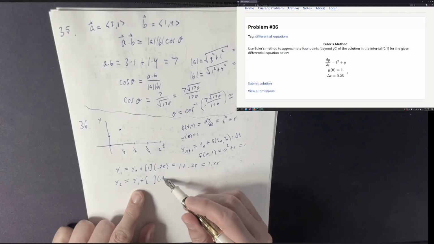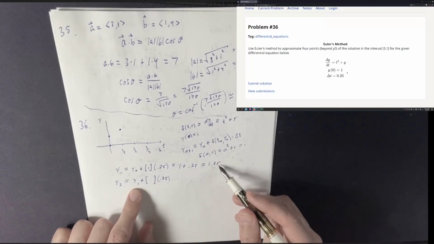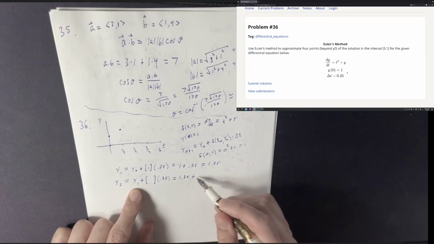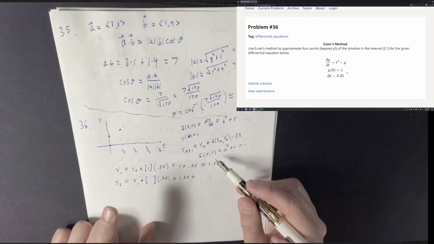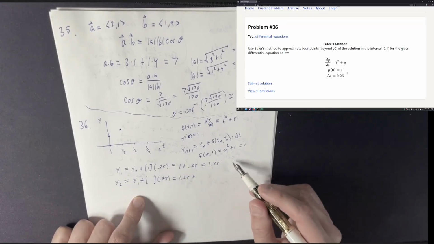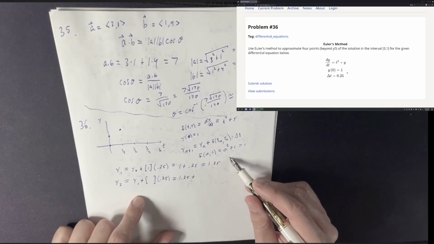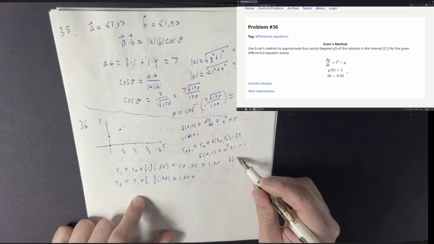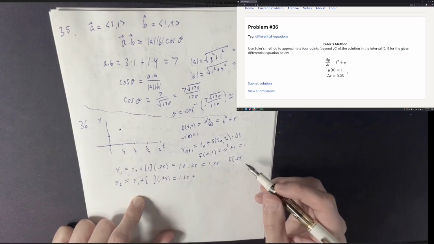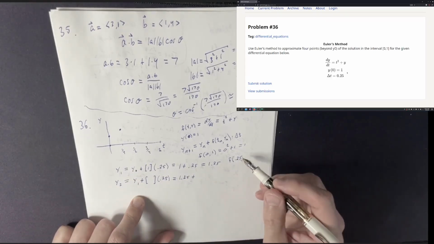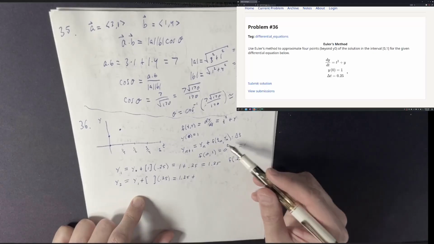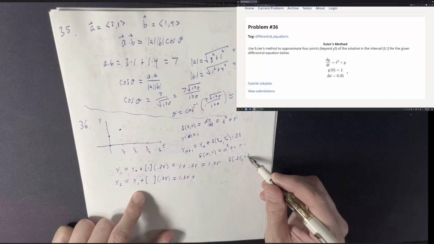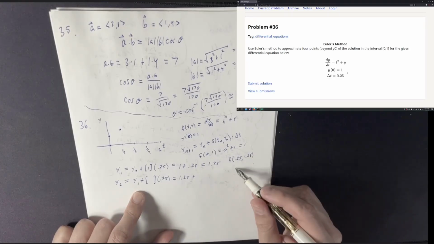I don't know why I didn't just put all the numbers in, because we know this is 1.25, plus something. Now we've moved on to a new t value and a new y value, right? T is 1/4 because we've taken one step forward, and the y value is not 1 anymore. It's supposed to be y1, which is 1.25.